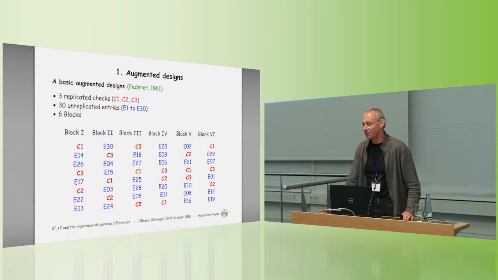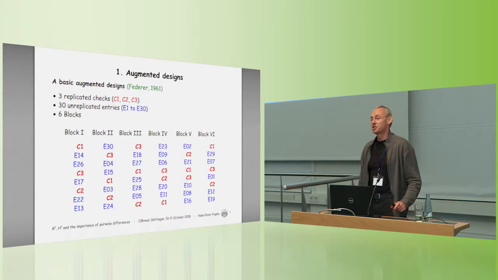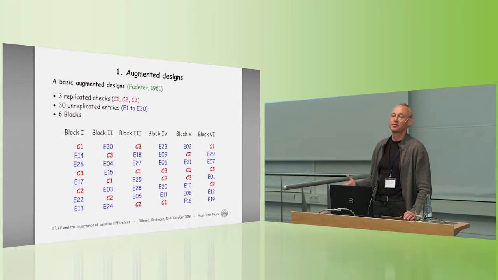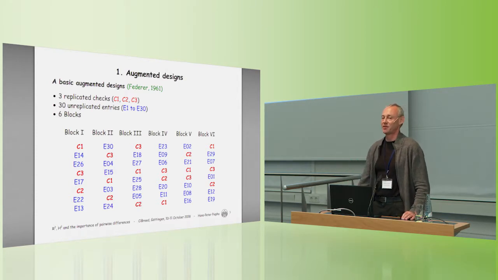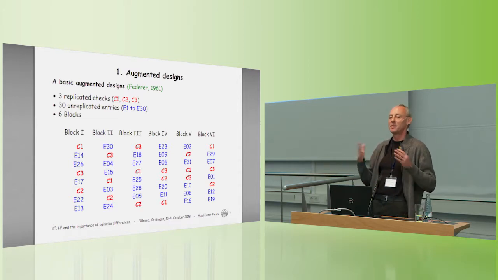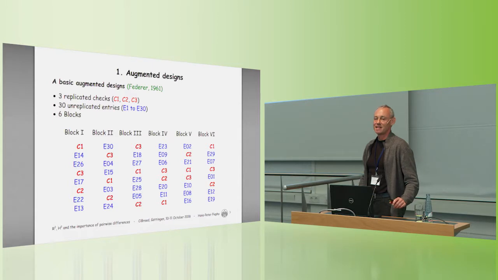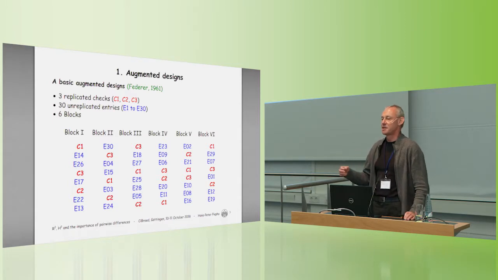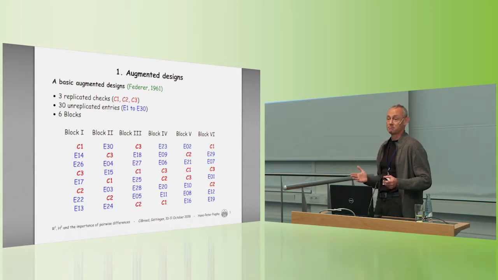This is a balanced design with respect to the checks because it's complete blocks, but it should be emphasized it's incomplete blocks with respect to everything else. On the whole, each block is an incomplete block with respect to the complete set of genotypes that are being tested. And this means that in the analysis, your estimate for the genotype is not going to be anything like a simple average. It's going to be an adjusted mean.